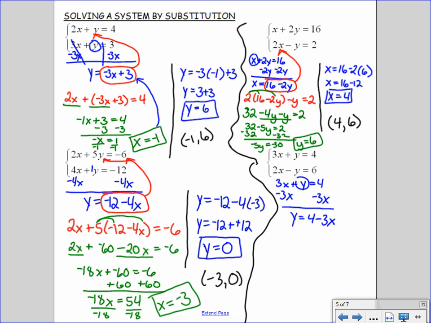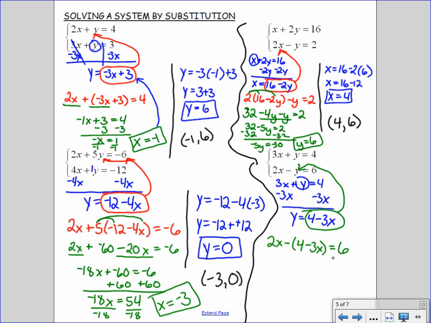Plug that in. So the 4 minus 3x, I'm going to bring up here and plug in to the bottom equation. 2x minus, and I'm going to put what I'm plugging in into parentheses, 4 minus 3x, and that is equal to 6.